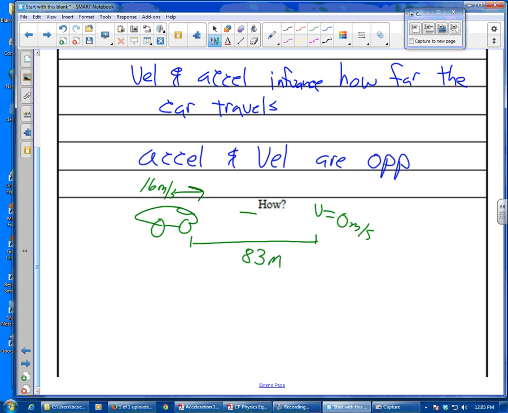And so we know that its acceleration has to be in the opposite direction of its velocity, right? So which direction do you guys want to call positive? To the right or to the left? Before you answer, it doesn't matter as long as we agree. To the right? Okay. So we're going to call this direction positive. That means that the 83 meters is positive, the 16 meters per second is positive, but we expect a negative answer. We want a negative acceleration when we put it in, because it's going in the negative direction.